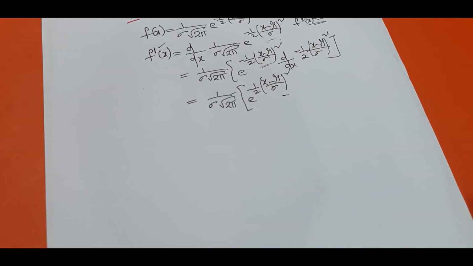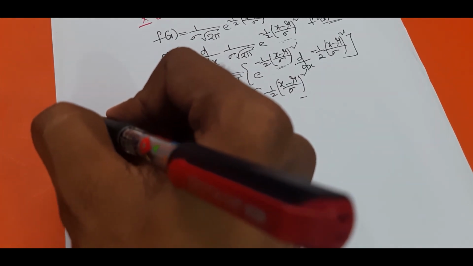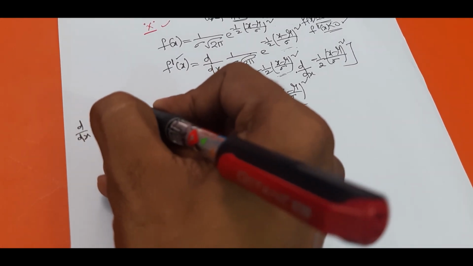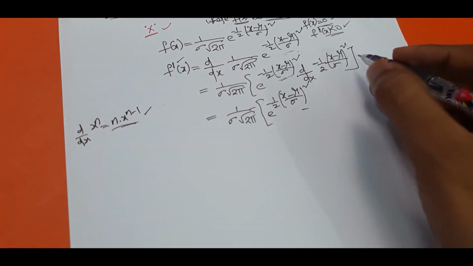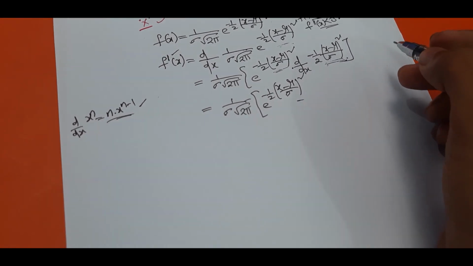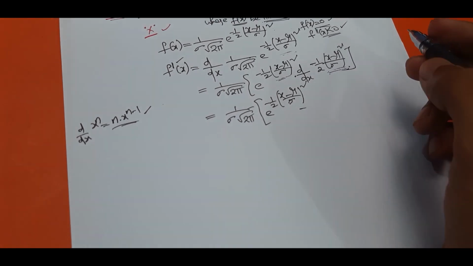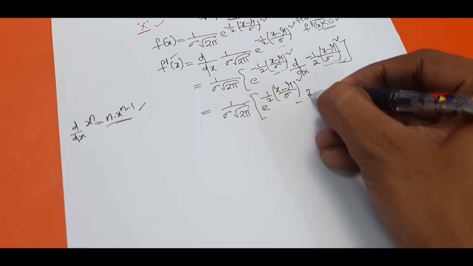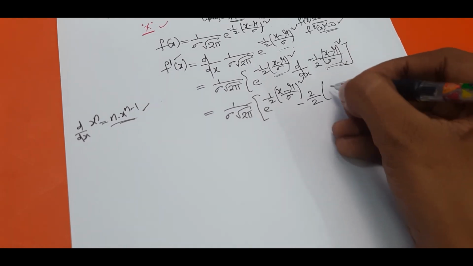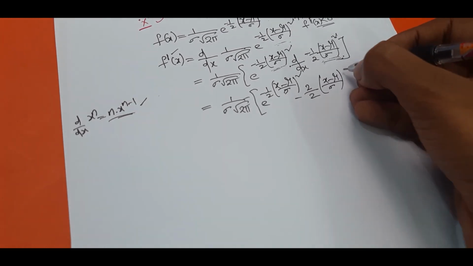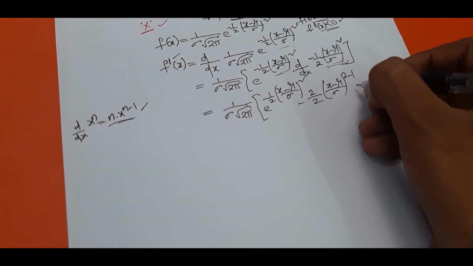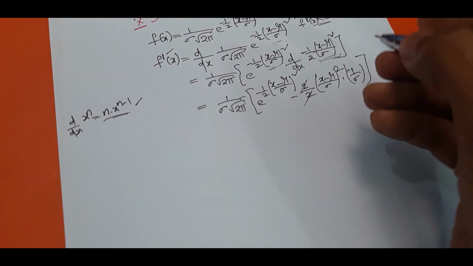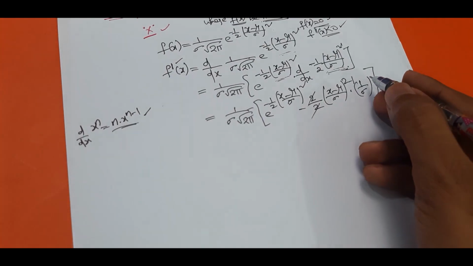You already know one differentiation formula, d by dx of x power n equals n into x power n minus 1. Here we can observe the same form, with n equal to 2. So this becomes minus 2 divided by 2 into (x minus mu divided by sigma) to the power of 2 minus 1, into 1 divided by sigma. The 2s cancel, and 2 minus 1 becomes 1.